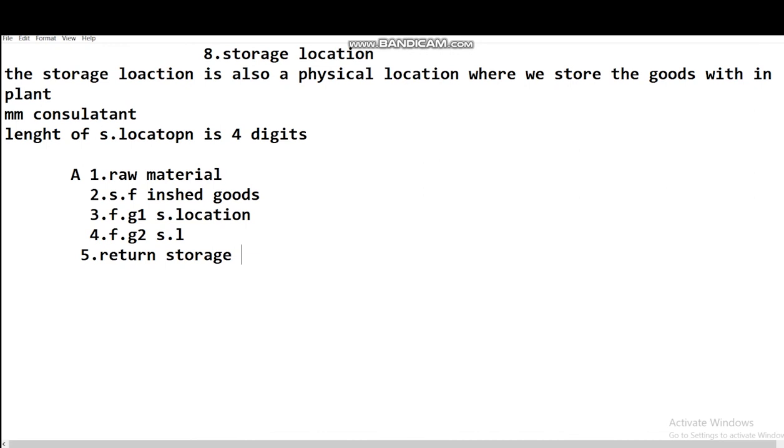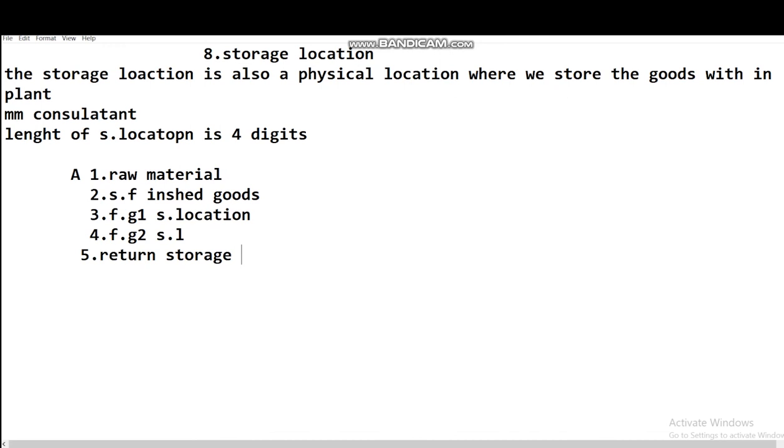So what is storage location? The storage location is also a physical location where we store the goods within a plant. Within a plant only we have storage location, not outside. Remember these lines. And consultant is responsible to define the storage location. The length of the storage location is 4 digits. For example, if you have a company making a product A, in order to make a product we need raw material.